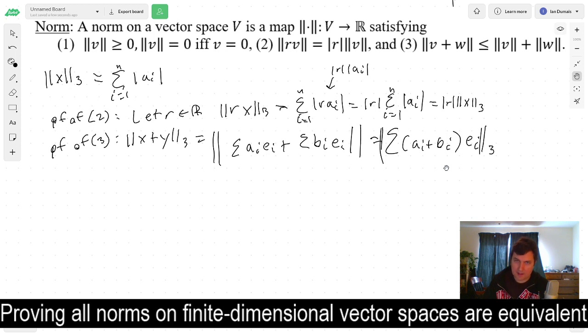Let's go to the next line, I guess. On the tablet I'm writing on, it's not as big as the screen, so I have to scroll back and forth. Learning process. Anyway, we're applying the norm, so we're adding up the absolute value of the coefficients, which are AI plus BI. Bam.